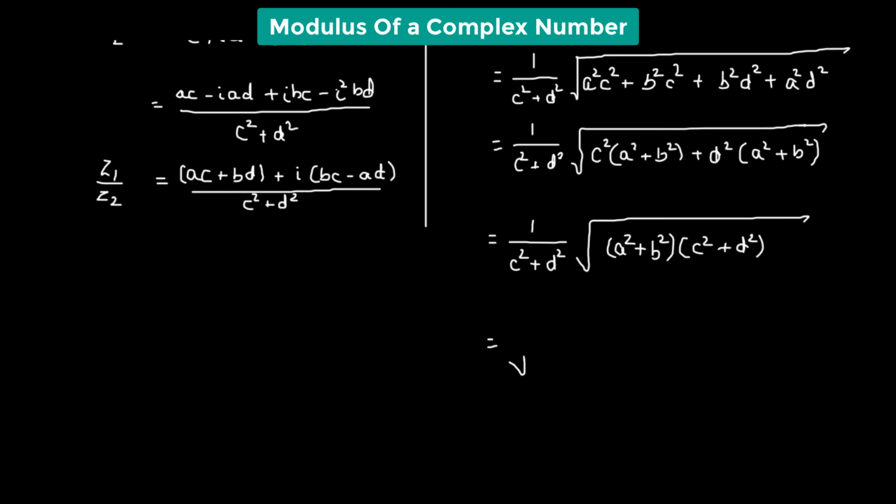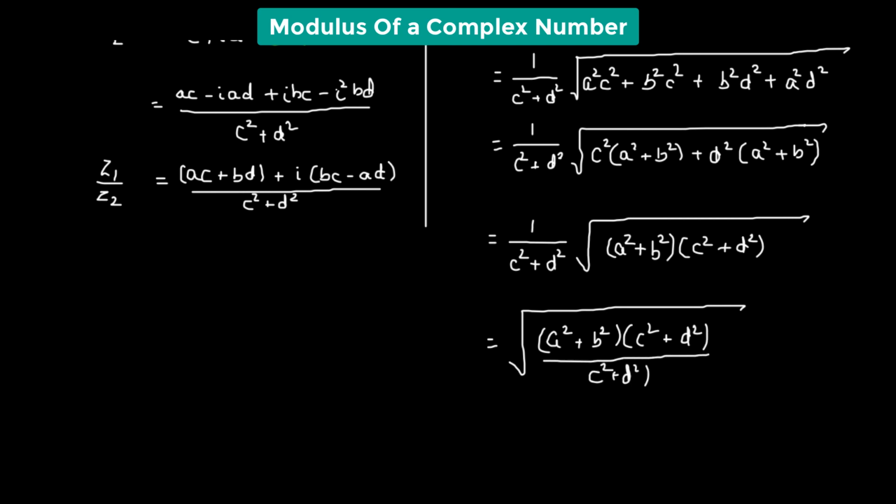Now we bring the term from outside the square root inside the square root, so that it is simply divided by (c squared plus d squared) whole squared.